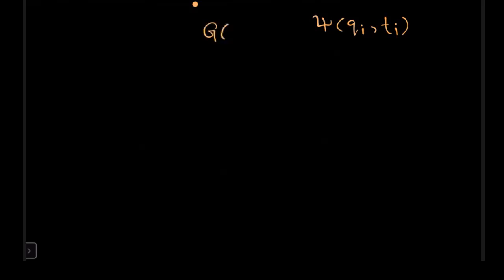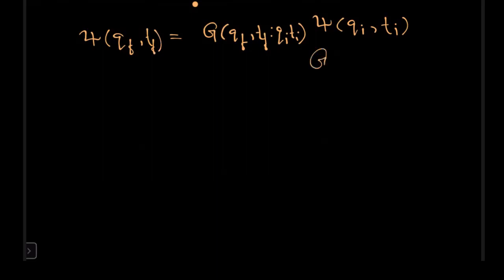And this time it is not only a function of time, but also a function of coordinates. So qi, ti, and this will give me psi of qf, tf. This is the most naive guess that one can make.